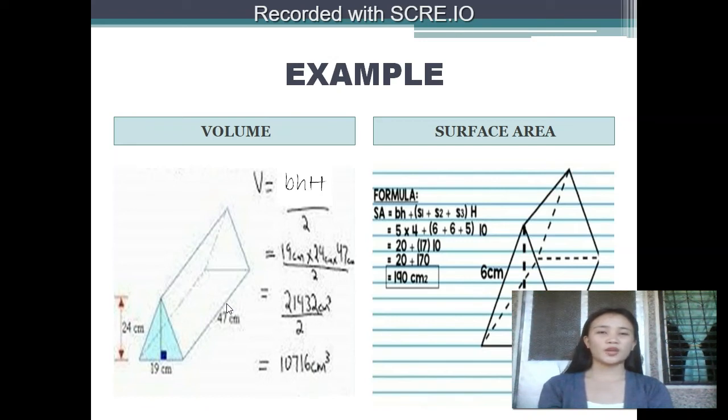Let's proceed to the surface area. The formula of the surface area is SA is equal to BH plus S1, S2, the side 1, the side 2, and the side 3, times the height.